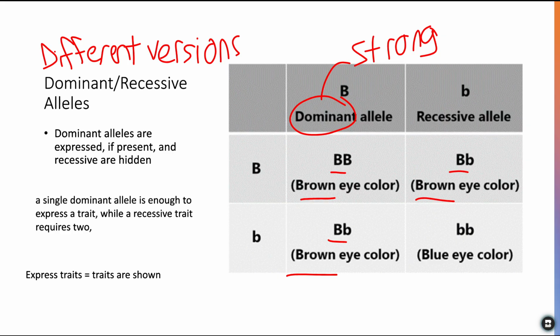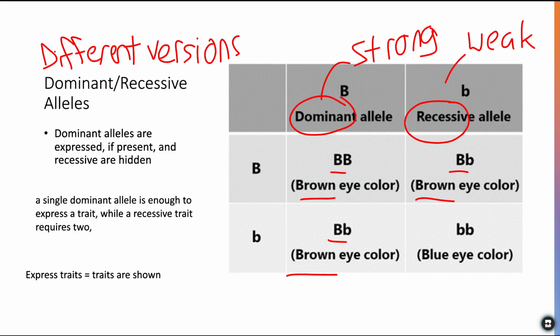Now, the second type of allele that can exist is called a recessive allele. This is like a weaker version. And when I say strong or weak, I don't mean someone with blue eyes is weaker than someone with brown eyes. I mean that the strength of their gene to take over the appearance is weaker.